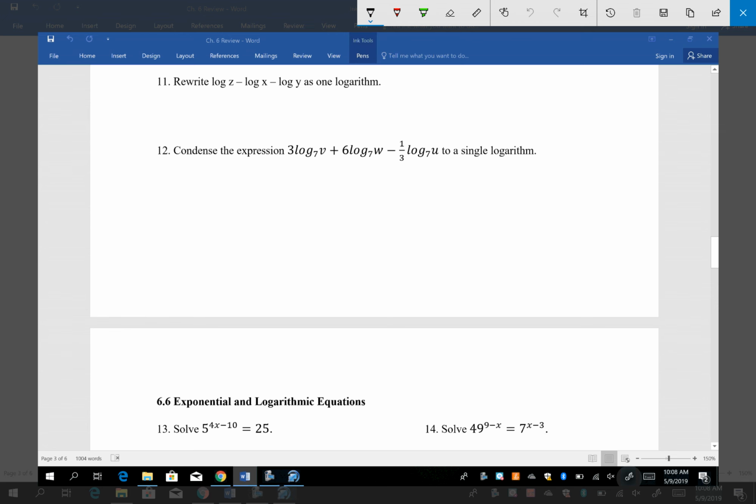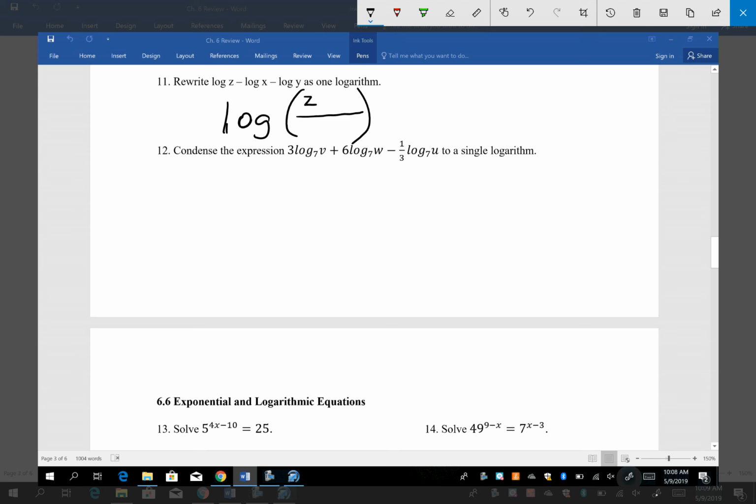All right, so it says to take 3 logs, log z, log x, log y, which are all connected by subtraction, and write it as one big log, which means I'm going to have a big argument in parentheses. What's the first letter you see? Z, so put that in the numerator. What's the next letter? And it's connected with subtraction.